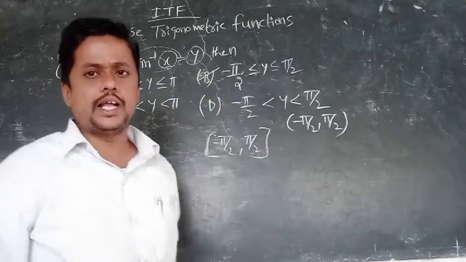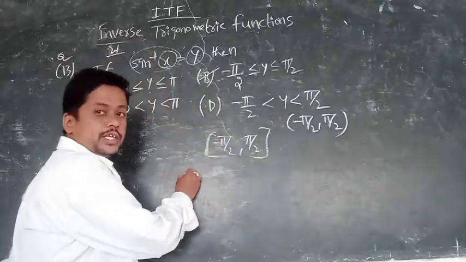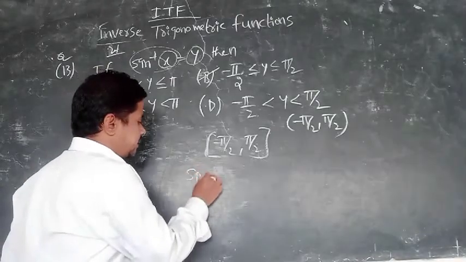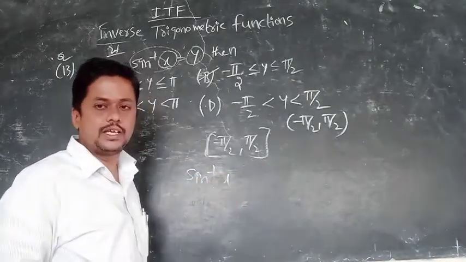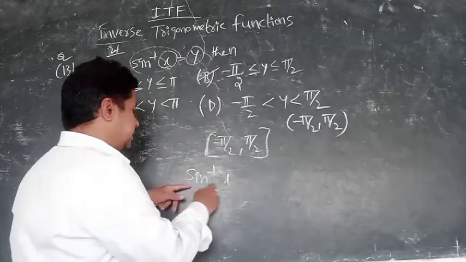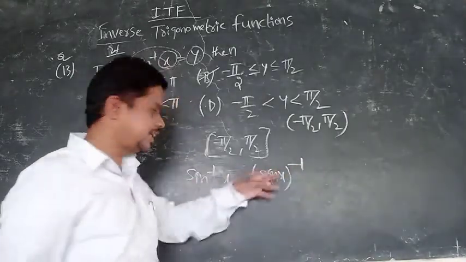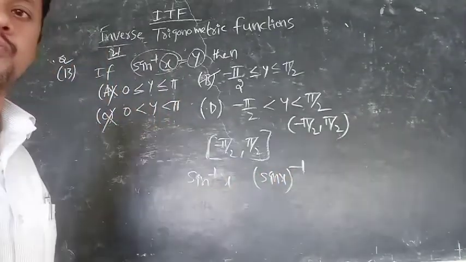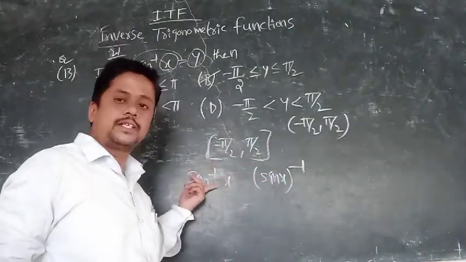Another concept you have to know, my dear students. Some students make mistakes. Sin inverse x, cos inverse x, tan inverse x, all six inverse trigonometric functions are there. Sin inverse x and sin x whole inverse are not the same.